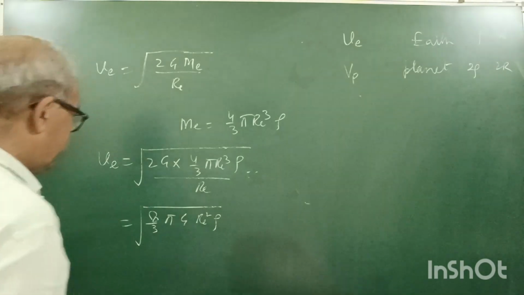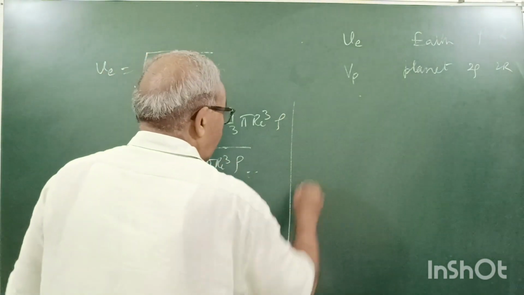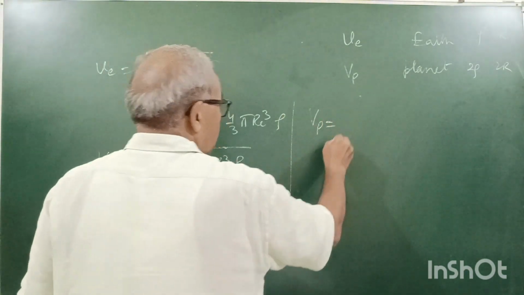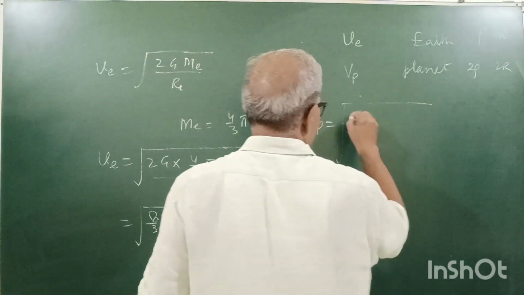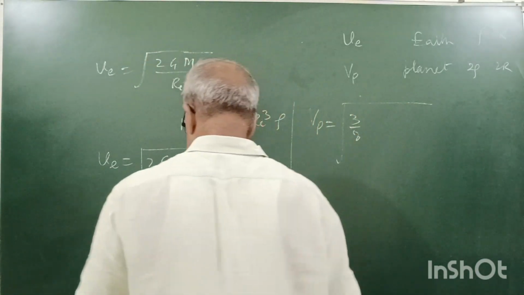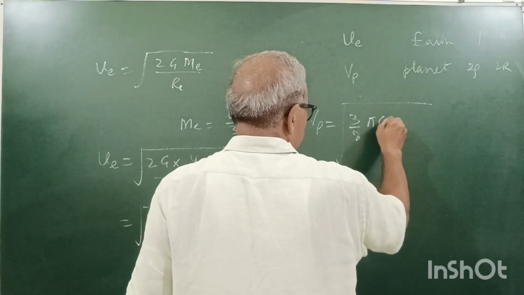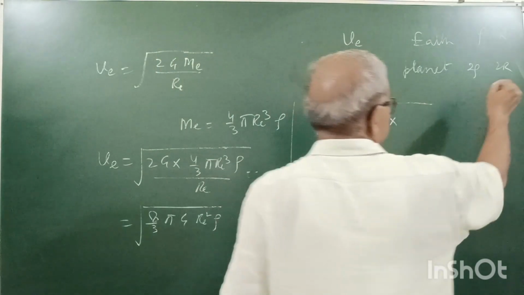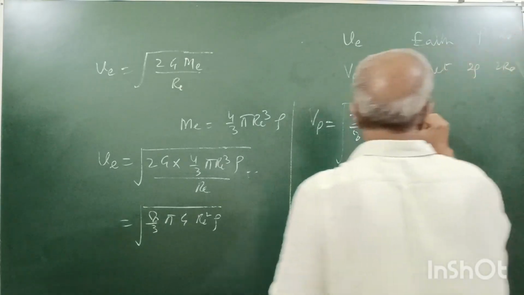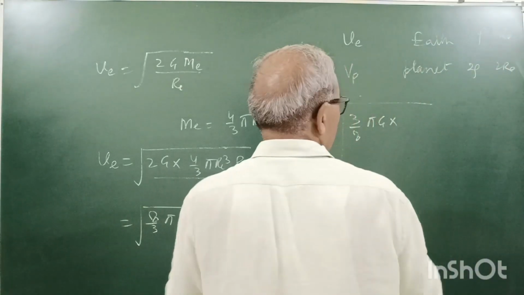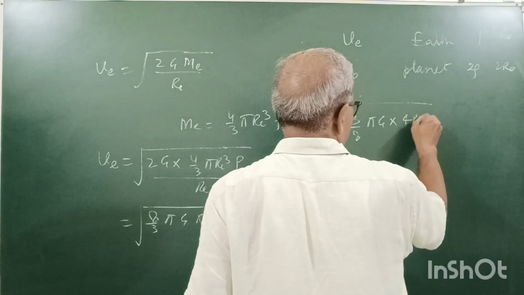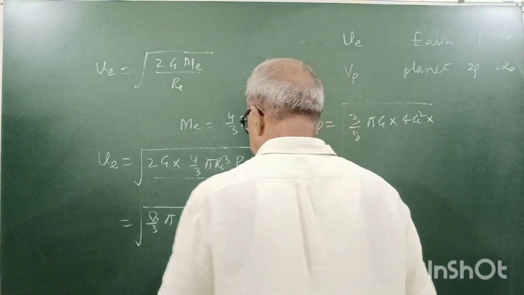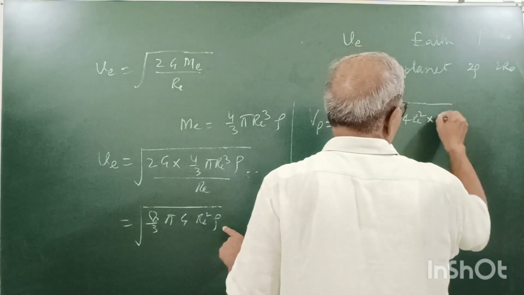Now VP, the escape velocity the same way, under root 8 by 3 pi G, radius twice RE. So 2RE whole square means 4RE square, into rho, it will be 2 rho.